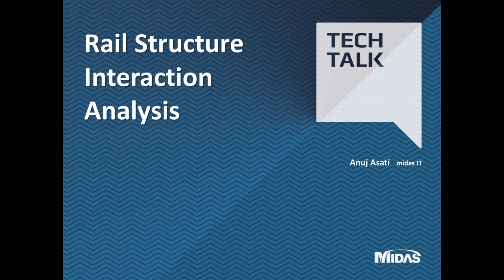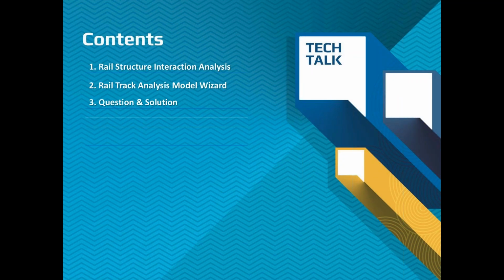So topic for today is rail structure interaction analysis. So contents for today's presentation is first, I will give you a brief introduction about rail structure interaction analysis. What is rail structure interaction analysis? Why we need to do rail structure interaction analysis for our bridge. Then we will see an overview of how to do that in Midas Civil.